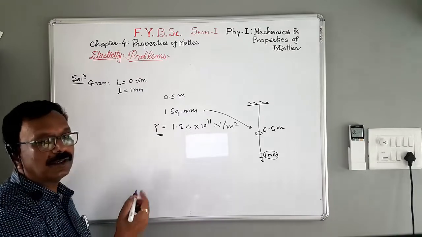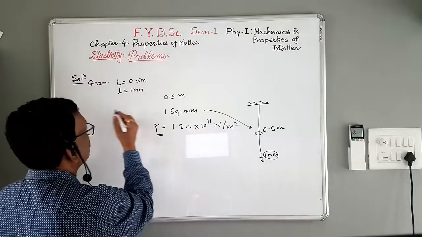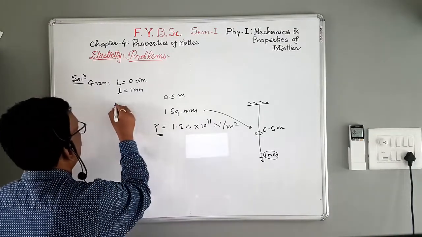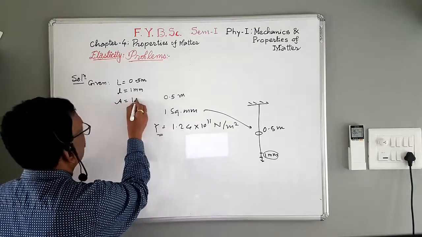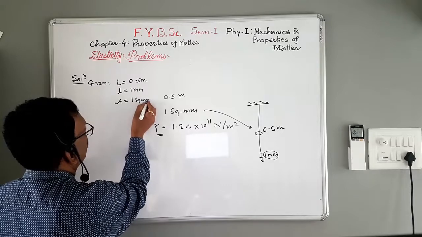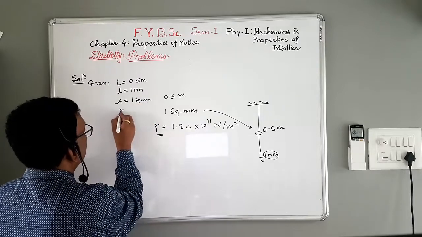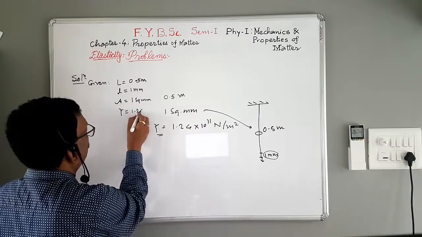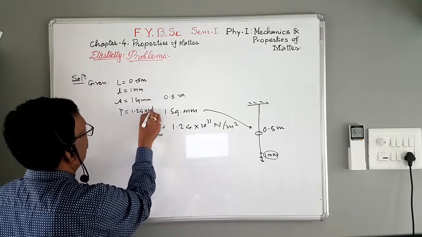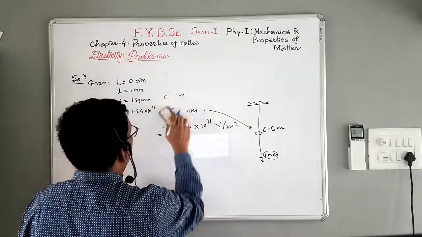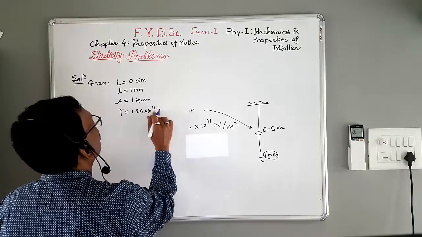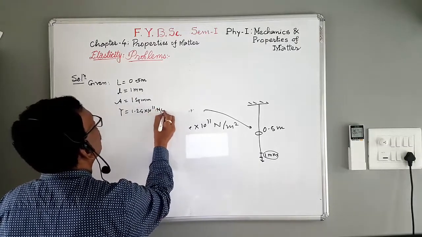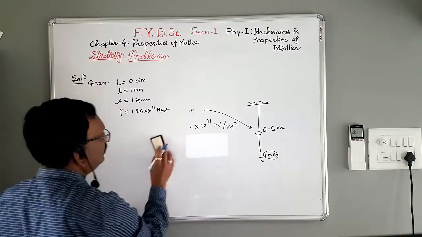Then next quantity is area of cross section, A is equal to 1 square millimeter, and Young's modulus is equal to 1.24 into 10 raised to 11 Newton per meter square. Okay.